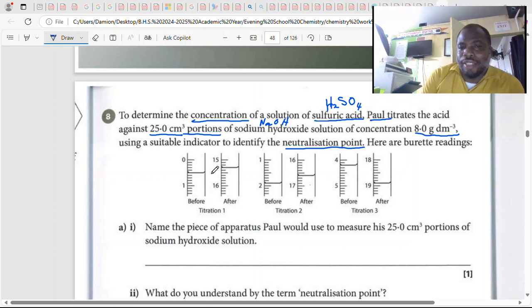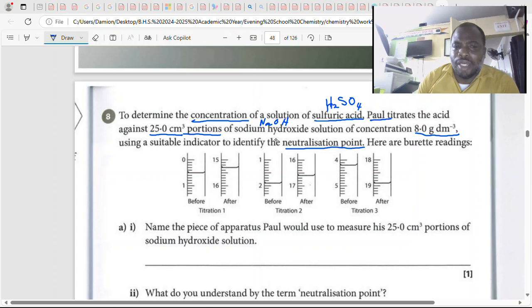So I just ask you, what is it for sodium hydroxide? You say NaOH. And we pipette in, so we use a pipette to get the 25 centimeter cubes of the sodium hydroxide.